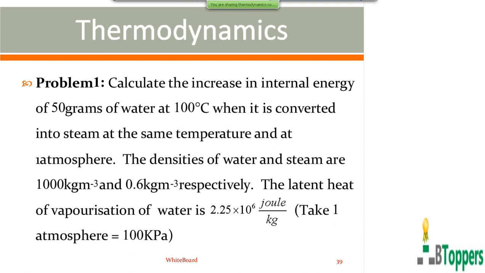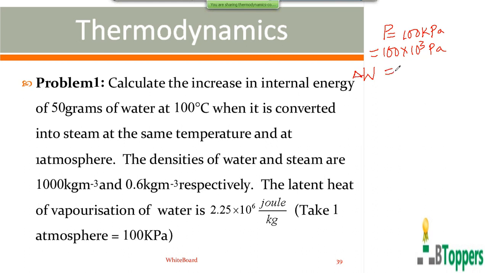Here the external pressure on the system can be taken as equal to the atmospheric pressure. The external pressure acting on the water or system, which changes into vapor, is equal to 100 kilopascal. Pascal is the SI unit of pressure, so 100 kilopascal is 100 into 10 cube Pascal, or 100 into 10 cube Newton per meter square.